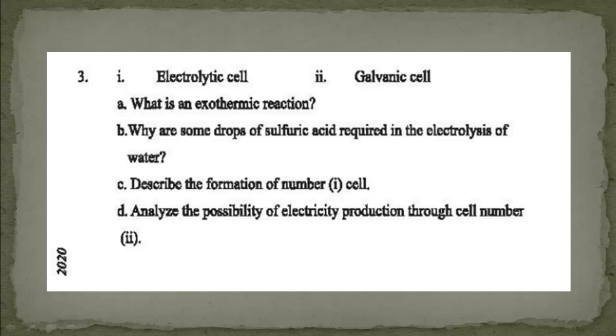So when electrons flow from anode to cathode due to the redox reaction, electricity is produced this way. And you have to draw the galvanic cell circuit and explain how electricity is produced from the galvanic cell.